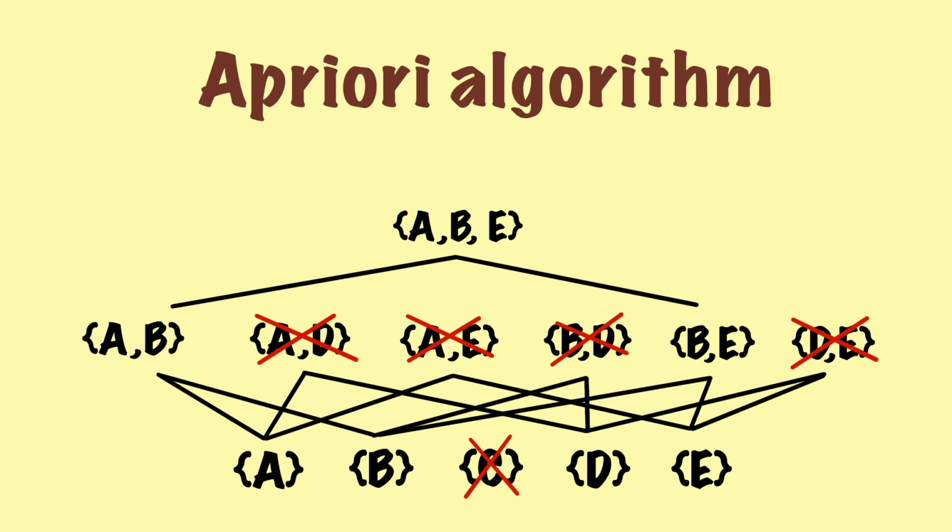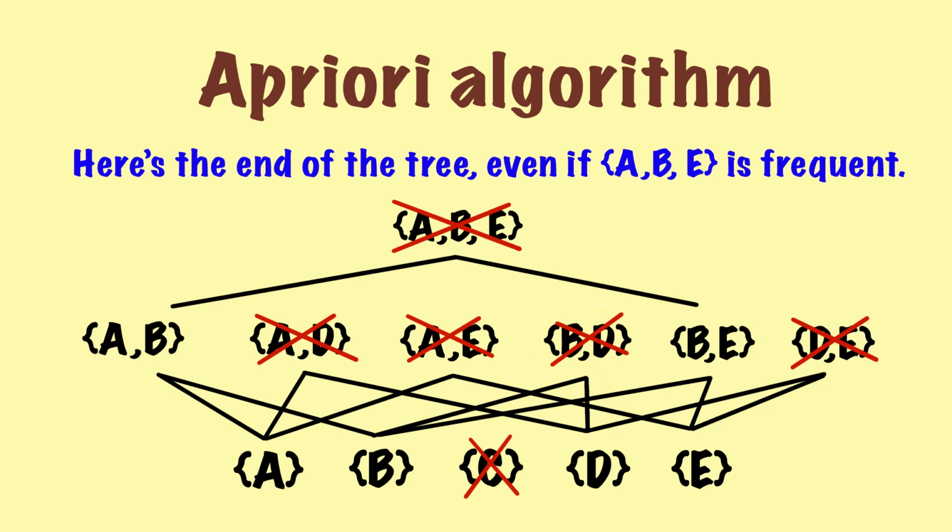Further, we move upward to a higher level, which contains three item sets. We find this item set is not frequent, so the tree growth ends. When there is only one branch left, the tree ends no matter whether the branch is frequent or not. So that's the idea of Apriori algorithm.